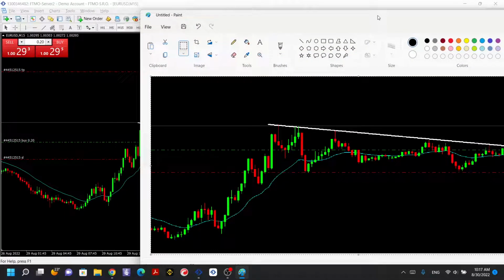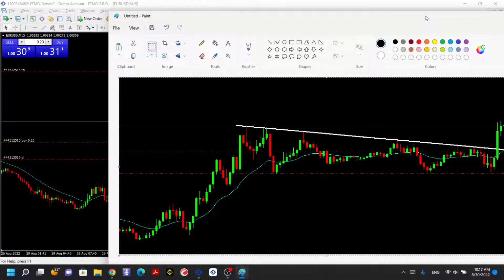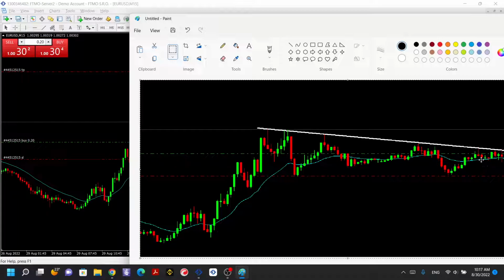So yeah, at this point I believed two touches here, market came down, touch here, market came down, two touches here, market came down, touch, touch, market came down, market pushed back up again. So that was the third touch. And I felt like the market is stalling here below this trend line and does not want to come down, and was holding above the moving average.